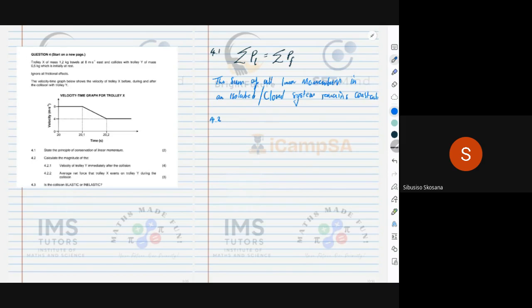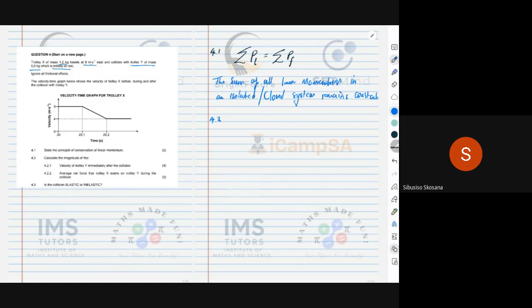So the question here says the trolley X of mass 1.2 travels at 8 to the east and collides with trolley Y of mass 0.5, which is initially at rest. Right? So we have two trolleys here.